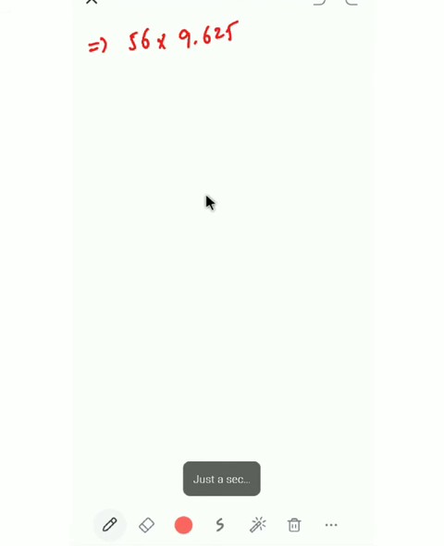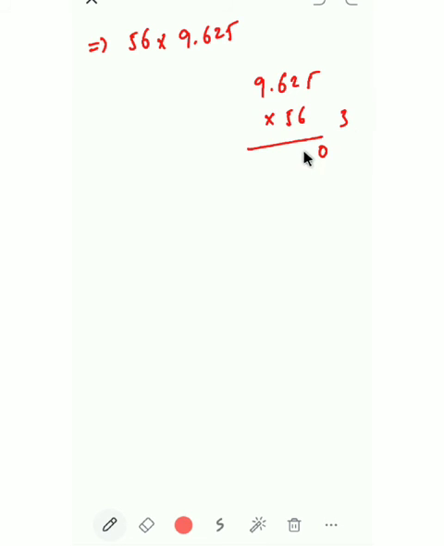Now 56 into 9.625, so 9.625 into 56. 6 5 is 30, 3 carried, 6 2 is 12, 13, 14, 15, 5 here, 1 carry. Next 6 6 is 36, 37, 7 here, 3 carried, 6 9 is 54 plus 3 is 57.